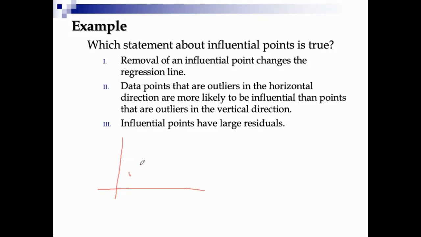So let's say we have, and it's really hard to draw dots with this, but in any case, let's say that I have something like this, and imagine that each of these are dots, not little lines like that. But let's say we have something that looks like this, okay? And let's say that we have quite a few data points.